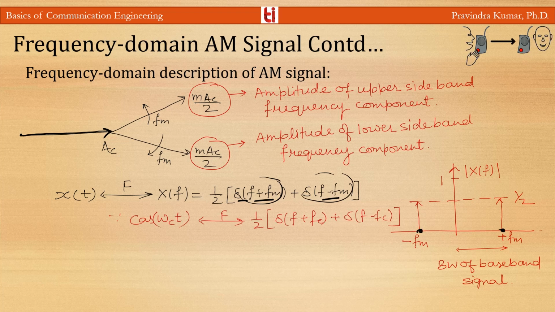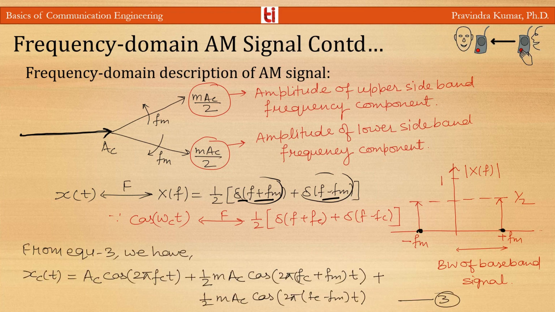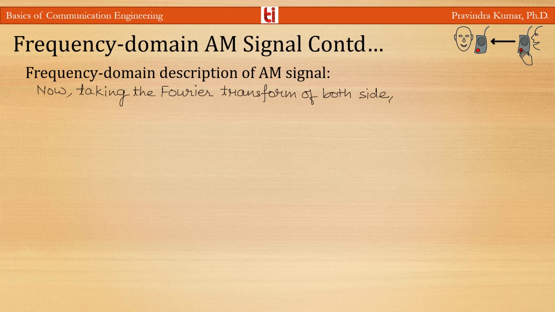Since you know that the Fourier transform of cos ωc t will be 1/2 [δ(f + fc) + δ(f − fc)], and from equation three, x_c(t) is Ac cos 2π fc t + 1/2 m Ac cos 2π (fc + fm)t + 1/2 m Ac cos 2π (fc − fm)t.